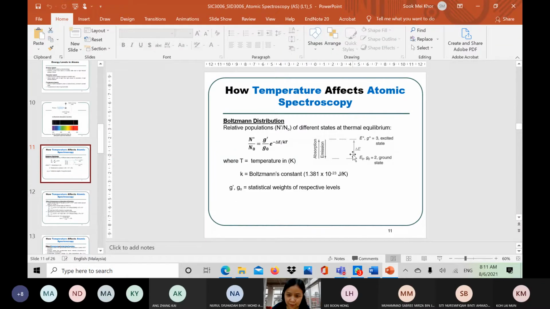It must have sufficient energy. You see, there is a delta E, an energy gap that these atoms, after atomization, must overcome to get excited. They must get excited first before they can relax to the ground state and emit radiation, which is what we measure in atomic emission spectroscopy.